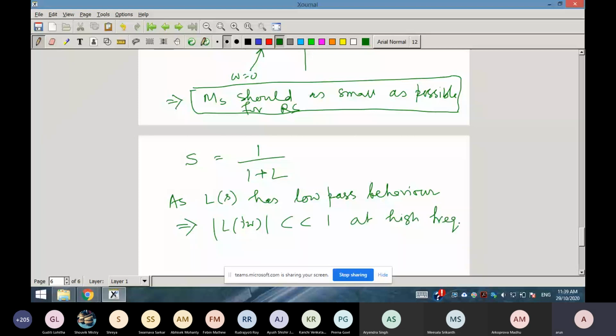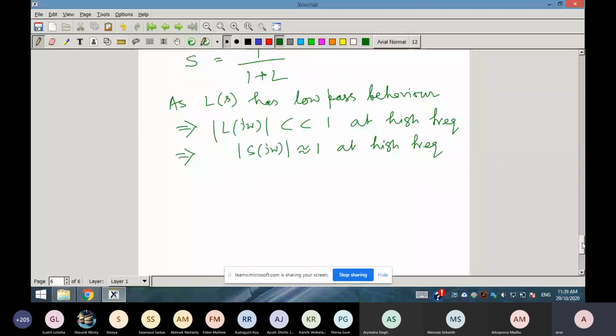So this means S(j omega) you cannot make arbitrarily small. It is approximately 1 at high frequency. That is unavoidable.